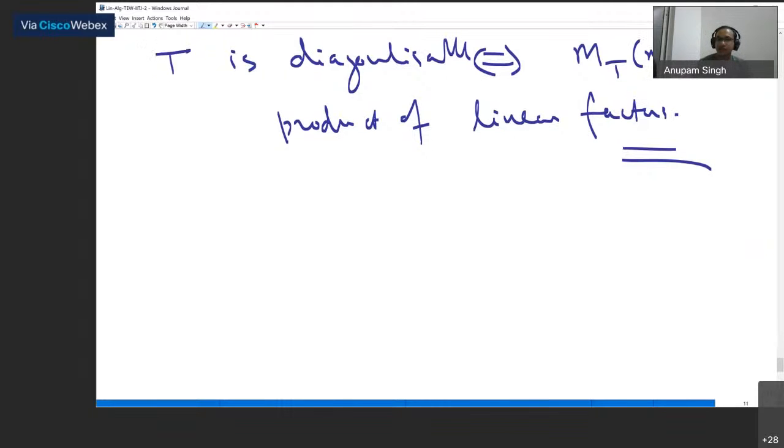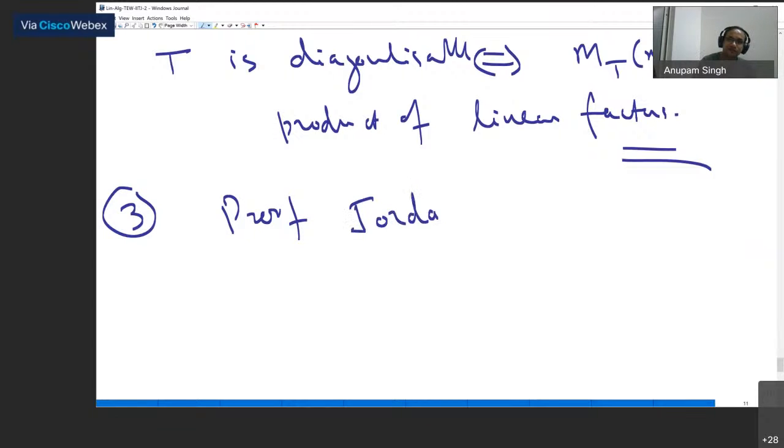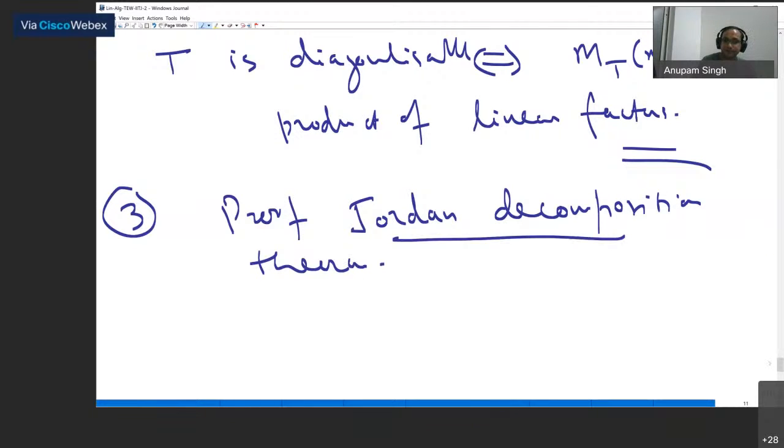We can also prove the Jordan decomposition, which we stated yesterday and earlier in the beginning today. The application 3 is we can prove the Jordan decomposition theorem from this.